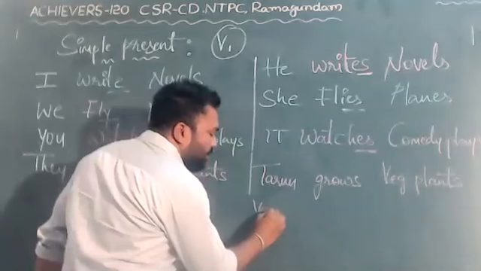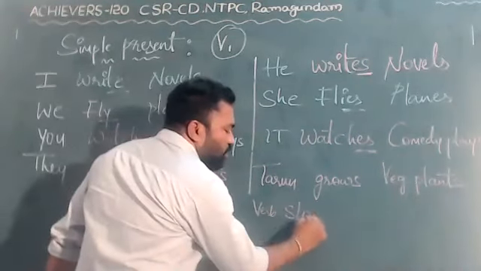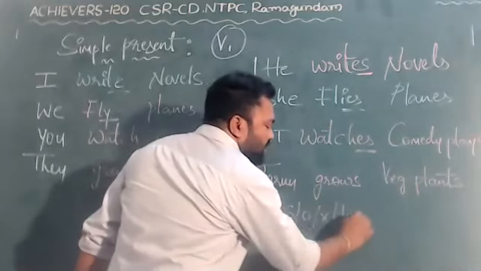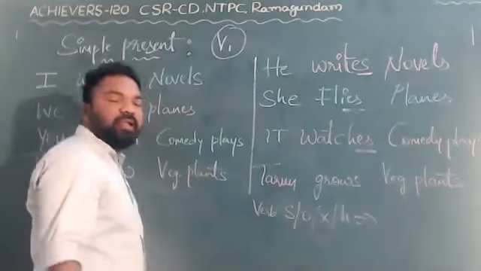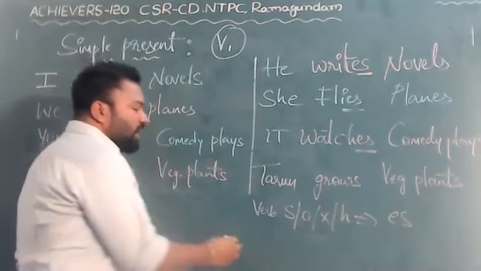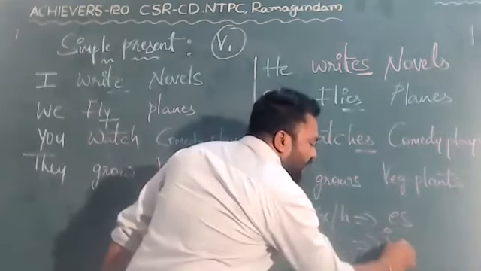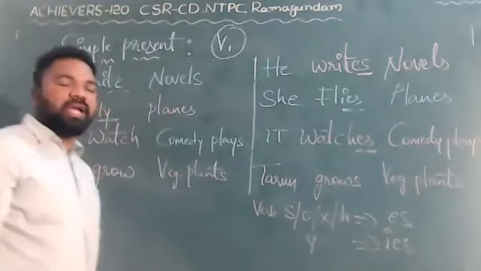a verb ends with s, o, x, or h, what we have to add? Yes, es. Okay. When a verb ends with y, what we have to add? ies. Okay.